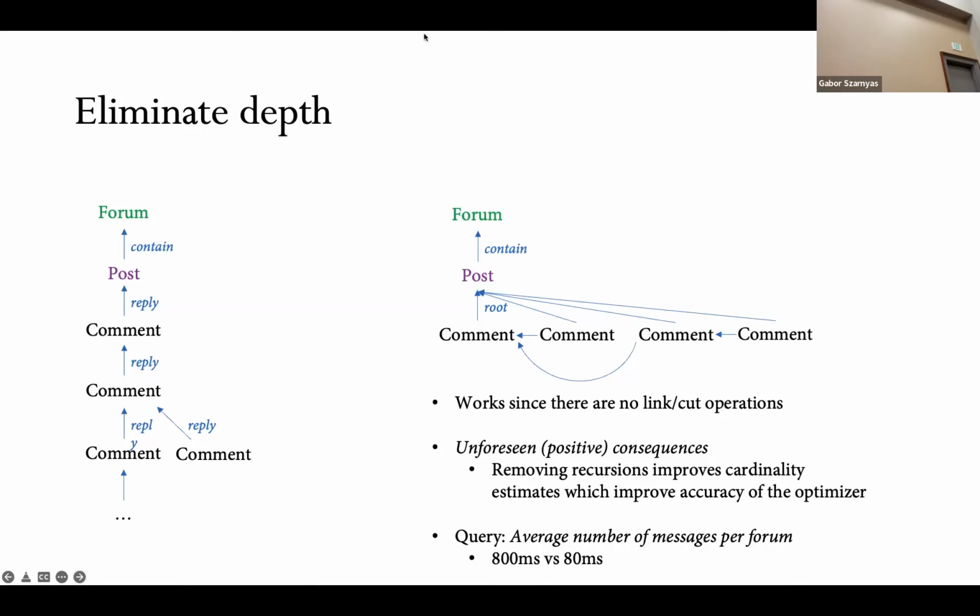So looking at simple statistics of the relation can give us pretty good approximate results on the average number of messages per forum. So by simplifying the schema in a normal relational sense that every relational database manager would do, we simplify the query and speed it up, in both its execution and in its cardinality estimations.